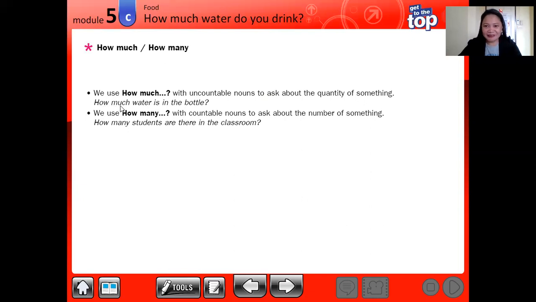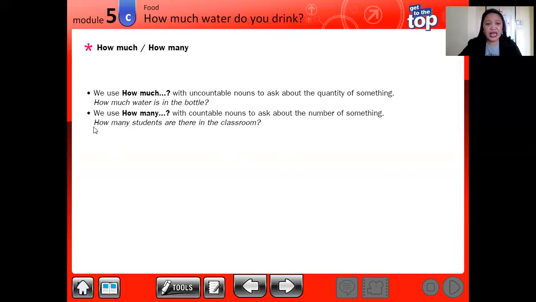Do you understand? Okay, next, we use how many with countable nouns to ask about the number of something. Remember this. We ask about the number of something. Example, how many students are there in the classroom? So we are going to ask the number of students inside the classroom.